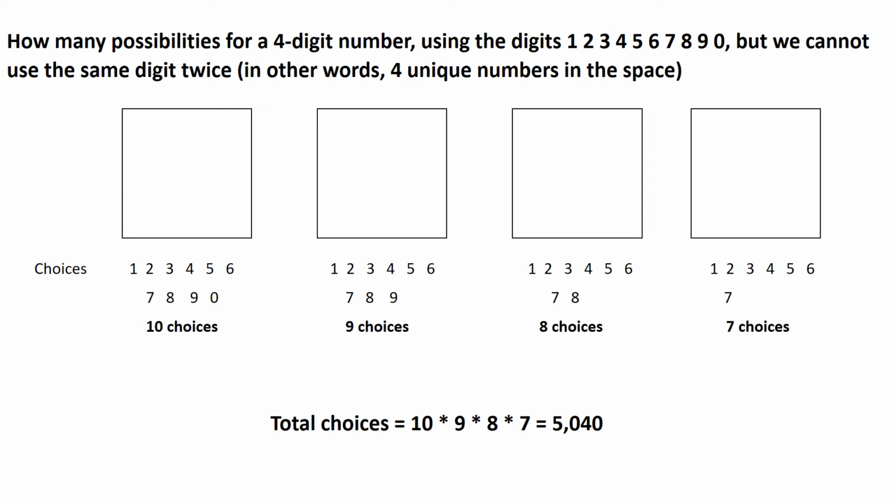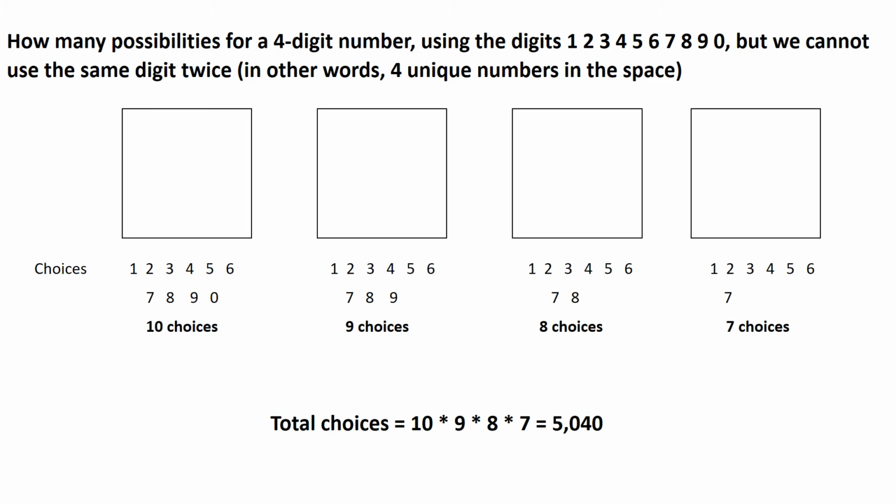Now, let's change this a little bit. Let's suppose we said you cannot use the same number twice. I've given an example here. I pulled a number out, but it doesn't matter which number you pull out. You just can't use it twice. So for my first digit, I have 10 choices, anywhere from 1 through 0. But then on my second choice, I can't use all the numbers. Let's suppose I pull a 0 out. Now I've got 9 choices.